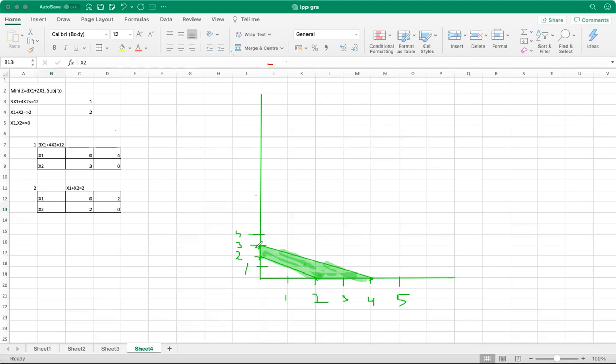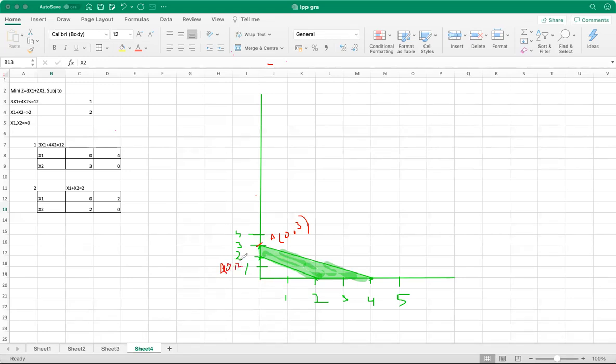Yes. So now the points are going to be 0, 3, A. And then this is B, 0 and 2. Correct?